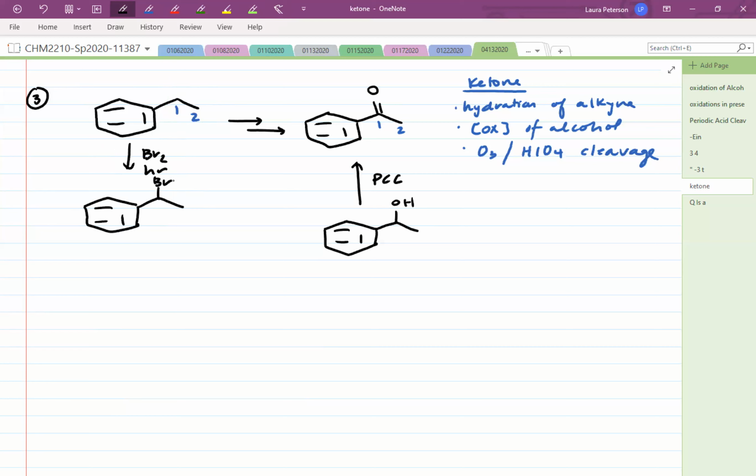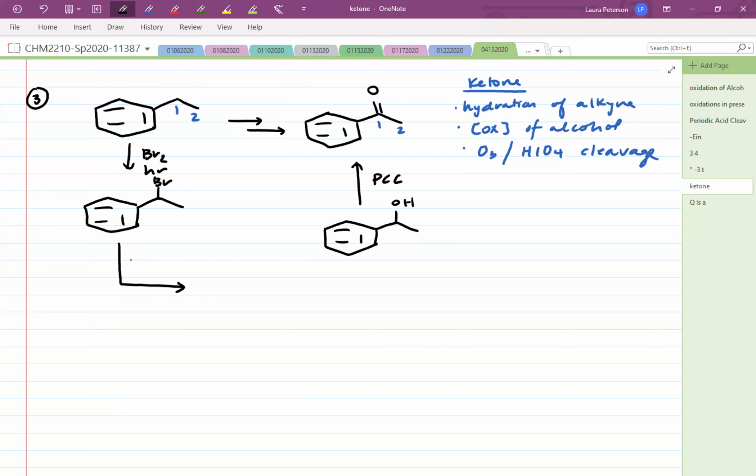Now that I have the benzylic bromide, I need to ask, how do I convert a bromide into an alcohol? You could potentially argue an SN2 here, but I'm going to do it in a slightly different way. I'm going to go through the alkene intermediate and then follow that up by hydration. In my opinion, going from a secondary halide to a secondary alcohol, it's better to do elimination followed by addition rather than try to do the SN2 substitution, because you don't want to deal with the competing E2 reaction.